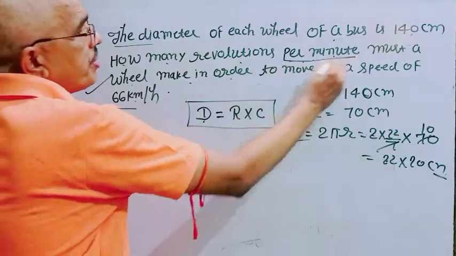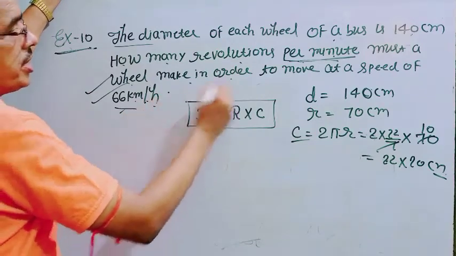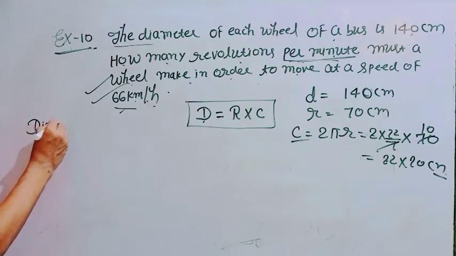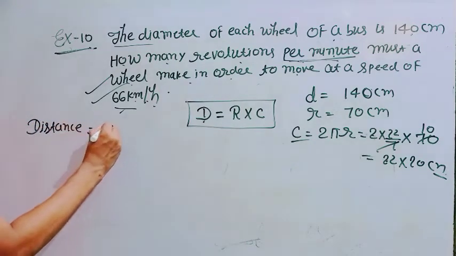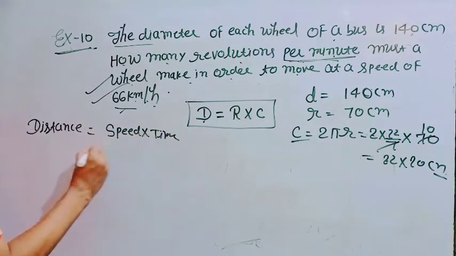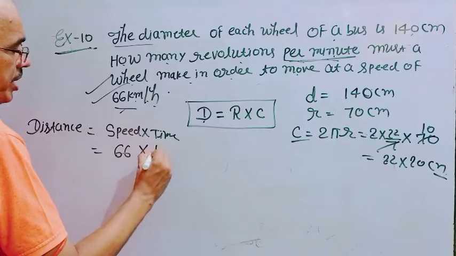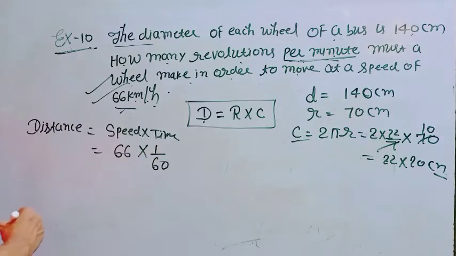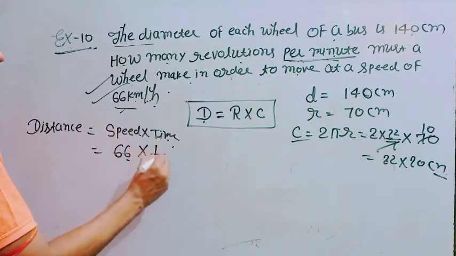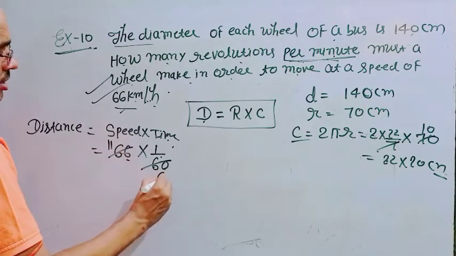Next, what is the distance? Your question is per minute and the speed is given as 66 km per hour. So what is the distance in 1 minute? Distance is equal to speed into time. Here the speed is 66 km per hour and time is 1 minute, that is 1 by 60 hour, because it is minutes and here it is per hour.